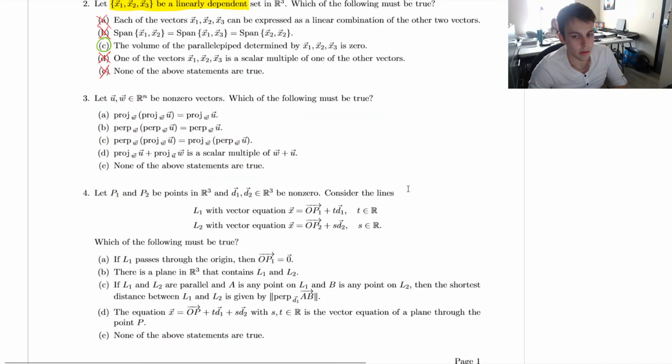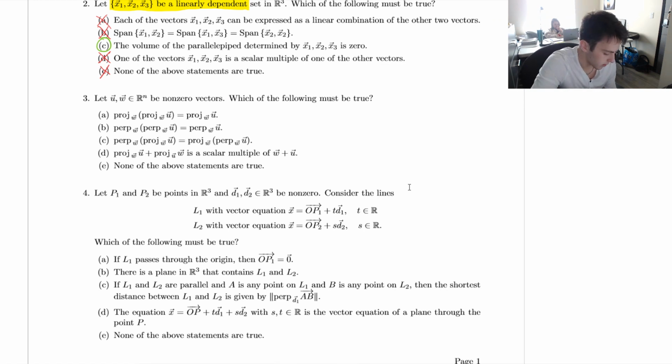So moving to 3, we have U and W be some n-dimensional vectors that are not 0. Which of the following must be true? Okay, so for this first one, let's think of this with the formula for projection.